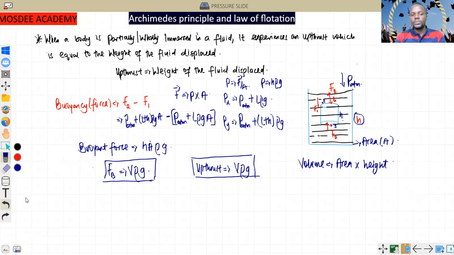And yes, after everything is done, then we have the law of flotation.